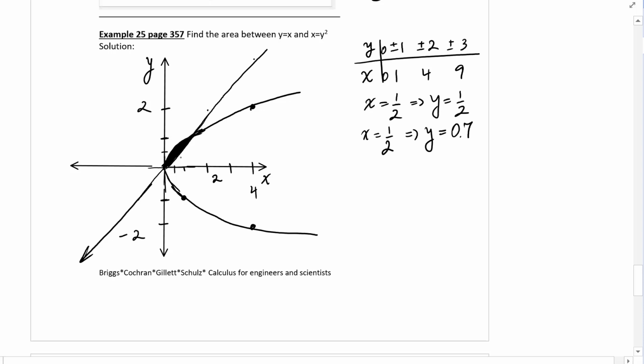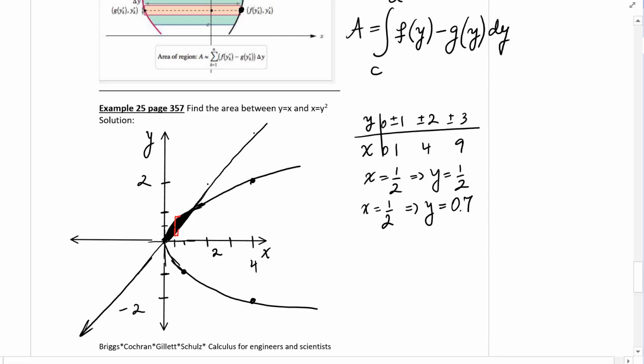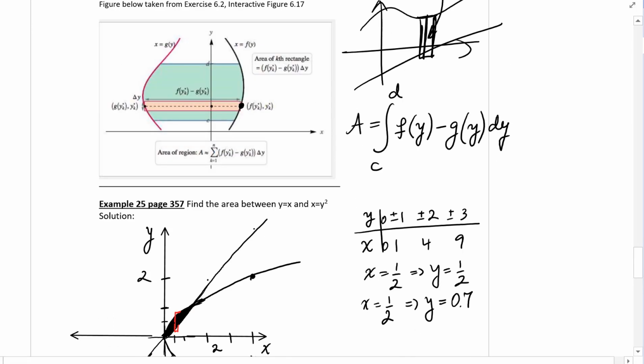So how do I find the area? Well, we can also use the method that we learned, where we draw a rectangle like this. But let's not forget that the whole point was to integrate, to find the area with respect to y.